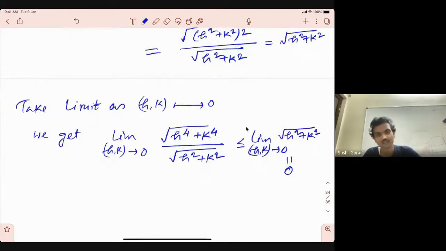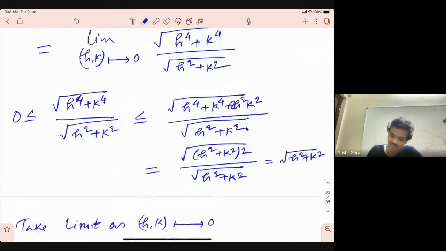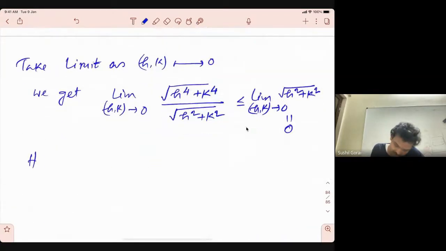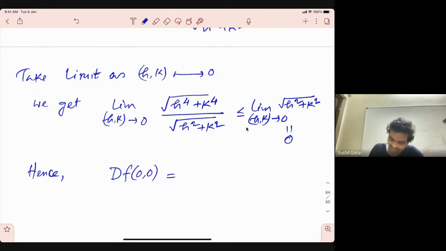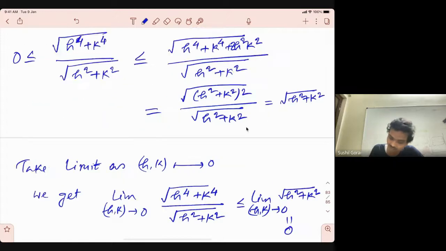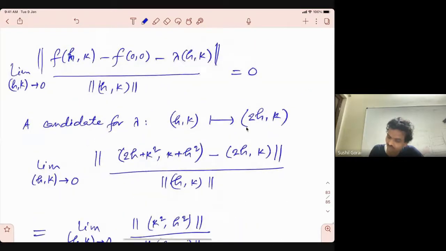So you get the limit to be 0. Hence the derivative of f at (0,0) at (h,k) is 2h comma k.